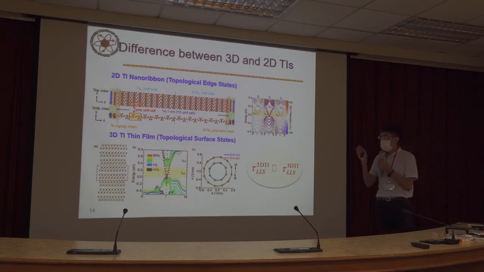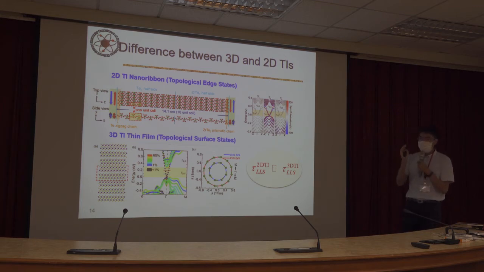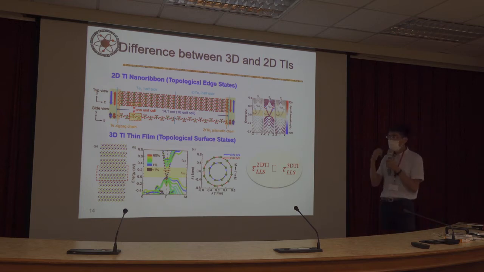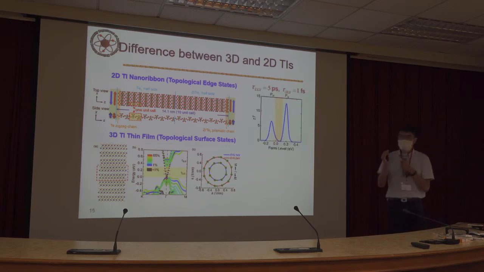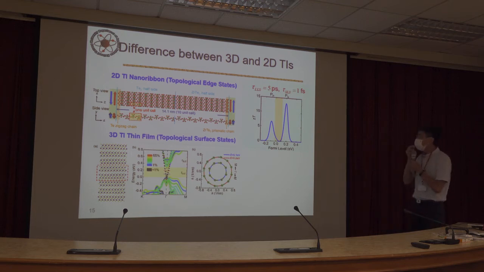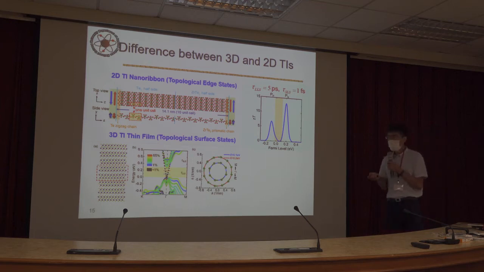While for a three-dimensional topological insulator, the two-dimensional topological surface state can move along any direction in a plane, so this allows scattering in between 0 and 180 degrees. So for a single layer of bismuth telluride, we set the long lifetime relaxation time to 5 picoseconds, which is about 1 order larger than the value of bismuth selenide. And the resulting ZT we find can be larger than 10.